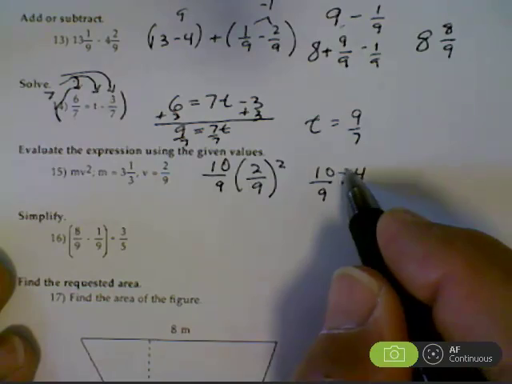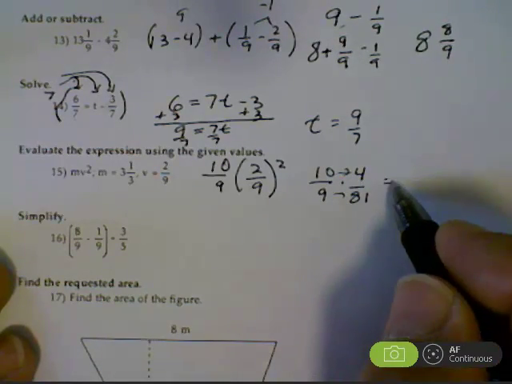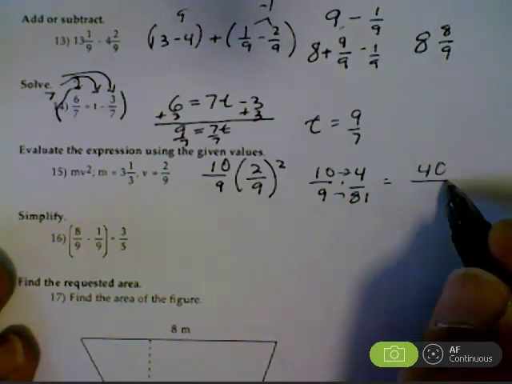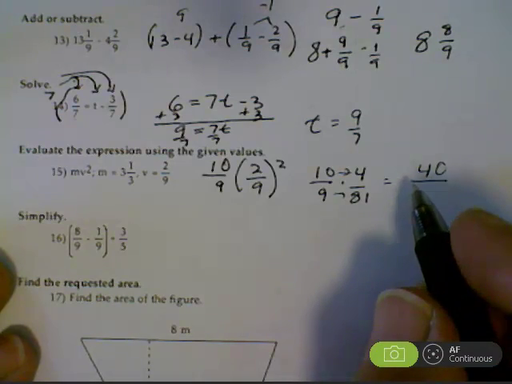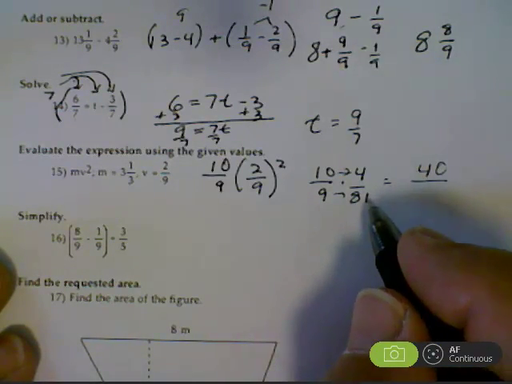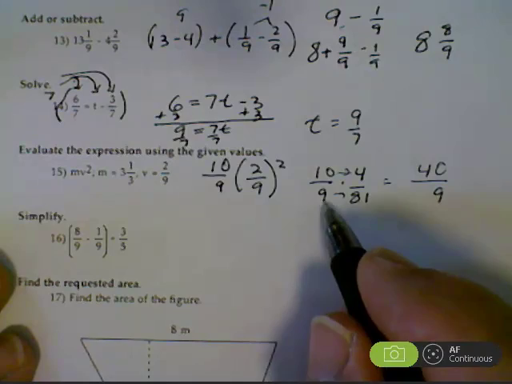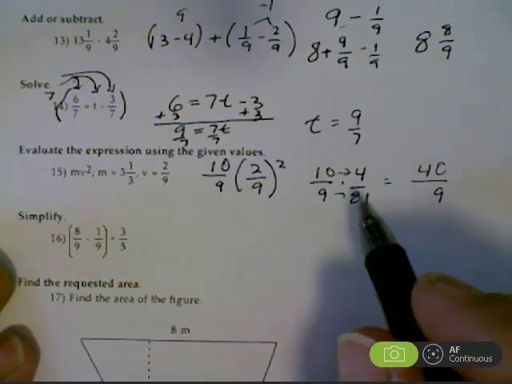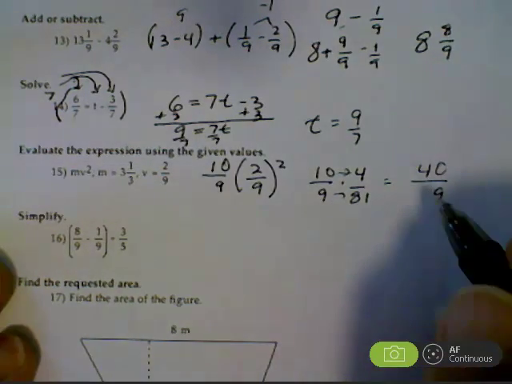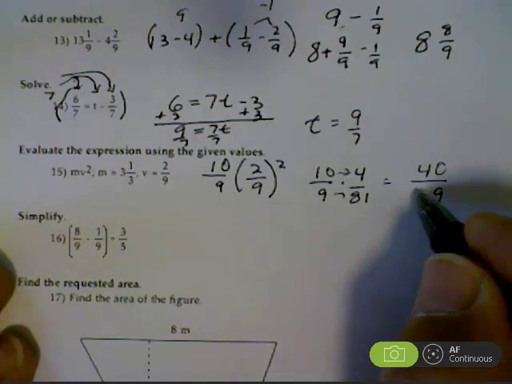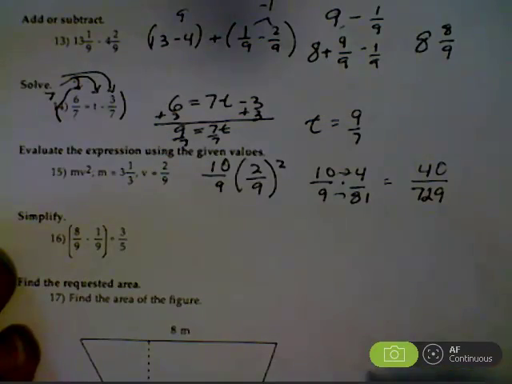So we multiply straight across, and we find our final answer, 40 over 9 times 81, 729. And that's our final answer.